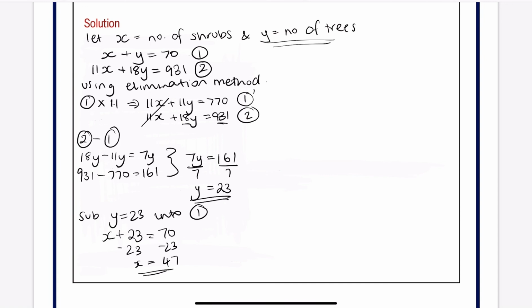Therefore, we have 47 shrubs. So let's conclude this. Therefore, Anita and Ben bought 23 trees and 47 shrubs.